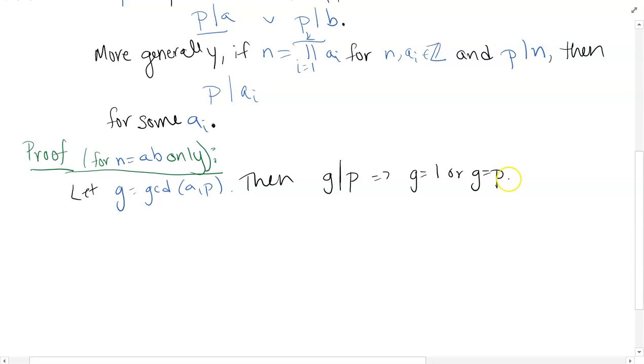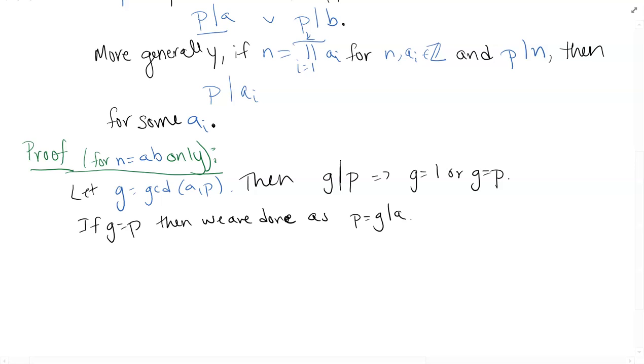Now, if G is equal to p, then we are done, as p, which equals G, divides a. Okay, and that's what we wanted to show. We wanted to show that p divides a.